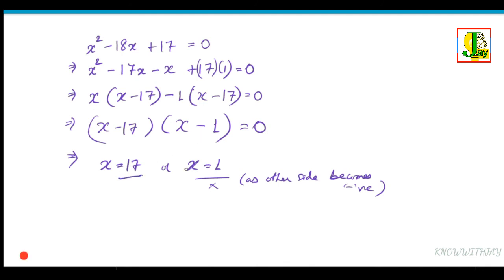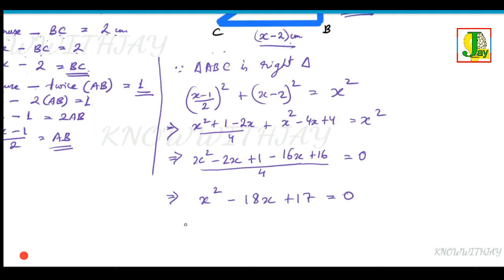We get x equals 17 or x equals 1. So after solving, we get x equals 17 or x equals 1.